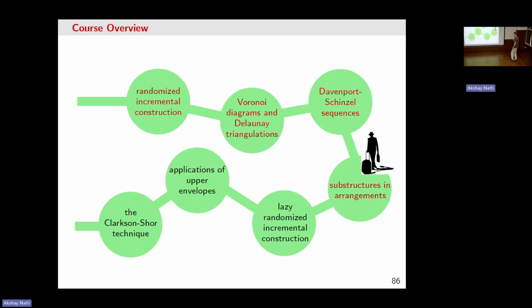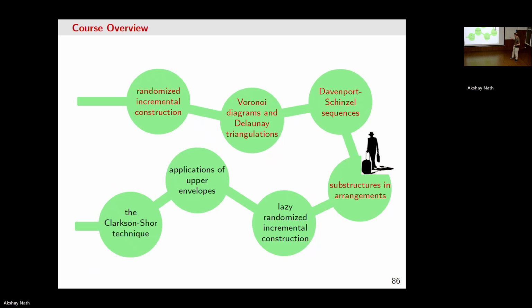Let's go to arrangements. From the first part of the course, we talked about randomized incremental construction, which is a powerful paradigm that you can use to construct many geometric structures.